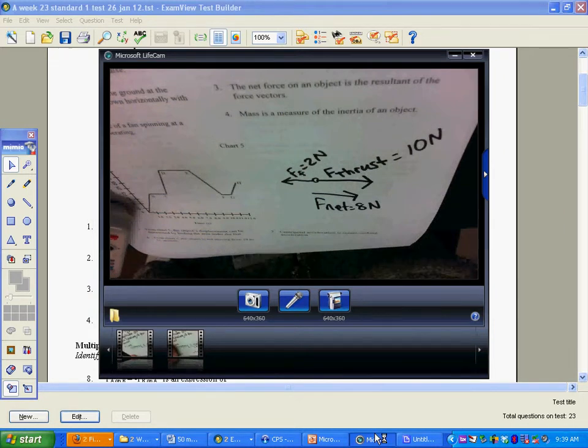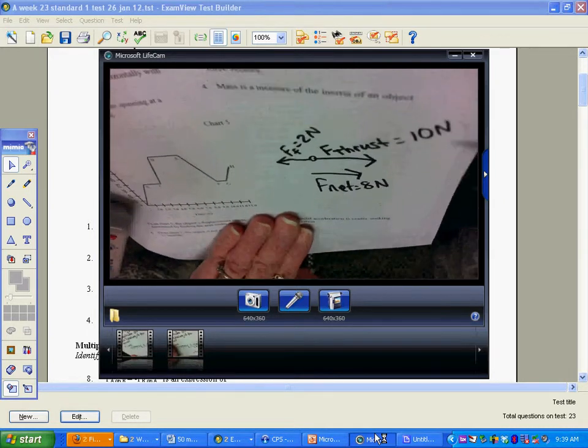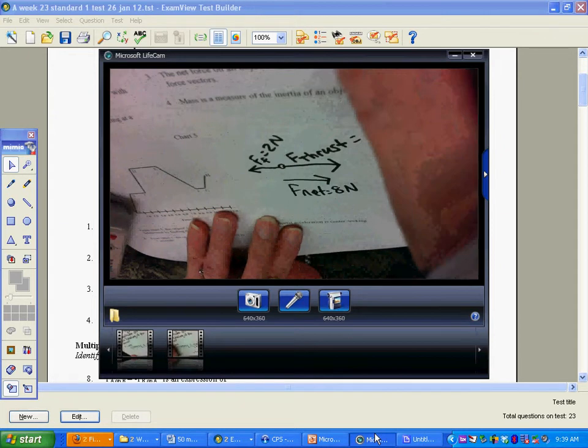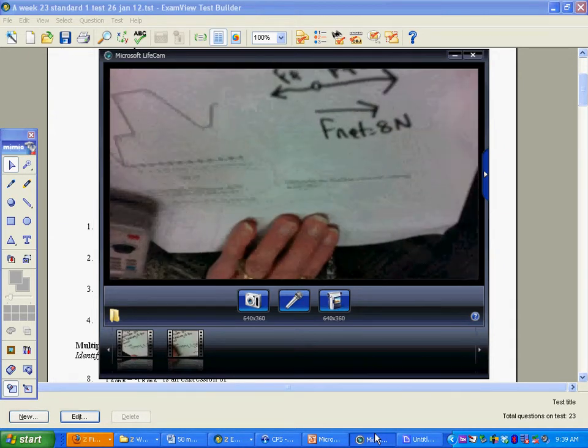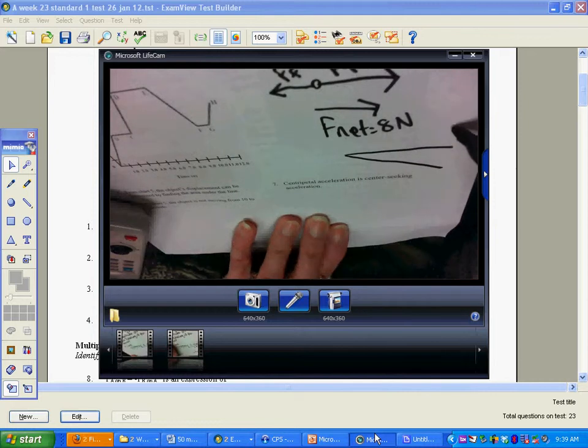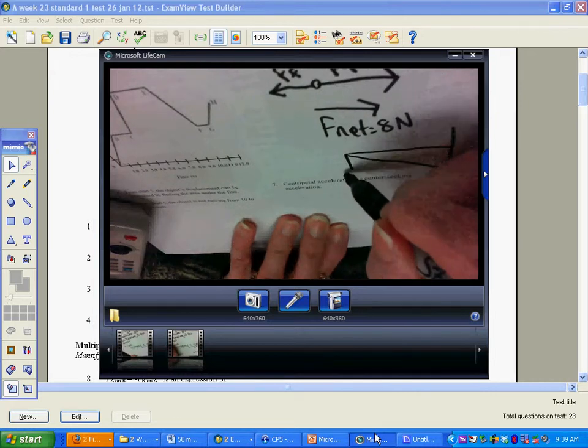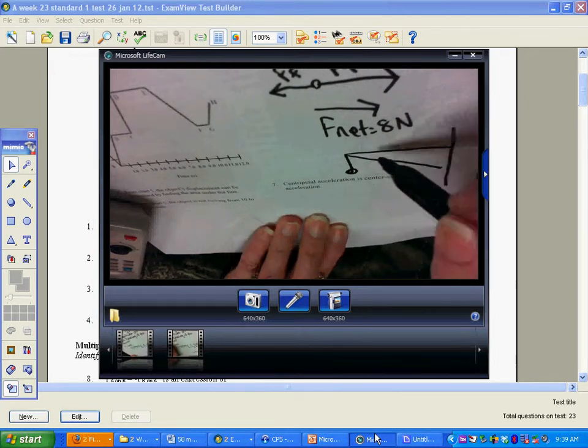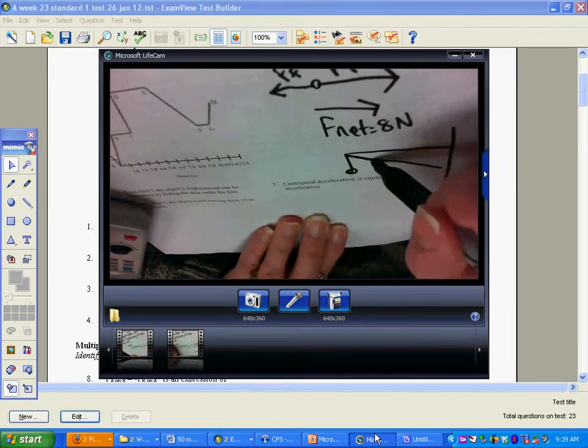Now, could we also apply this to a triangle situation? All right, where we had something hanging from a ledge, maybe. Remember, this is a wall right here, and then we have a little support beam.